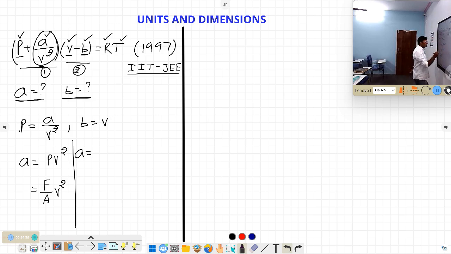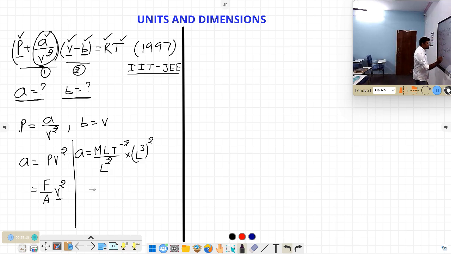A is equal to the dimension formula for force, which is M L T minus 2, as we already learned previously, divided by the area dimension L square, times volume squared. Volume is nothing but L cube, and with the square it becomes L power 6.